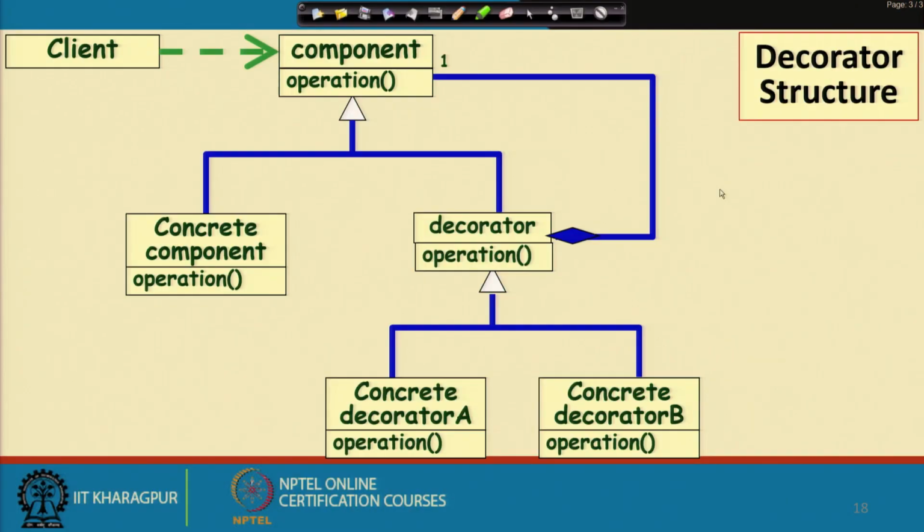Now, let us recollect the class structure that we had discussed. If you remember, the client interacts with the outermost decorator.